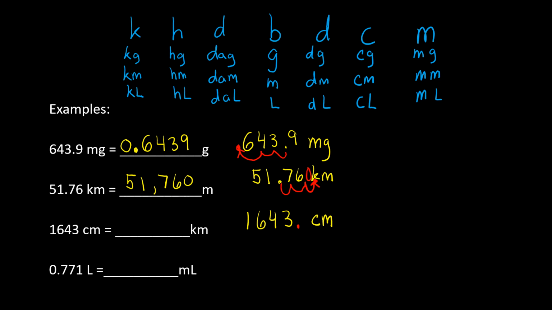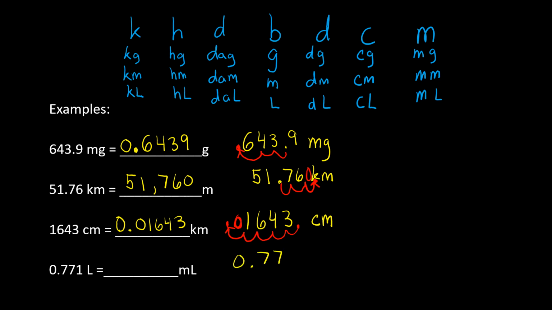So 1, 2, 3, 4, 5. And again, we need to add a 0 here so that we have another digit to move the decimal place past. So then this answer is going to be 0.01643 kilometers.